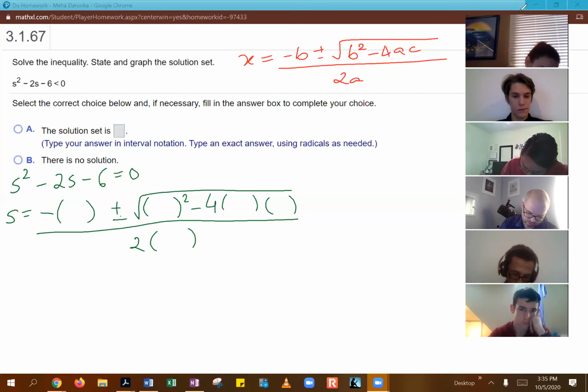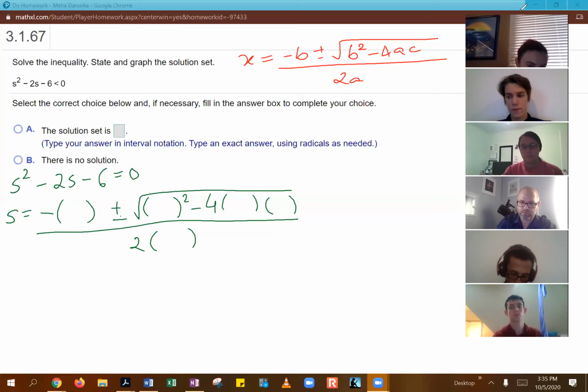Okay, so I don't think you're going to get a happy answer. Since we were not able to factor this, you should be getting something that's irrational. And looks like, Nathan, that's kind of what you came up with, 1 plus or minus square root of 7. Okay, so let's see what happens over here. What's our b coefficient over here? Yeah, very nice.